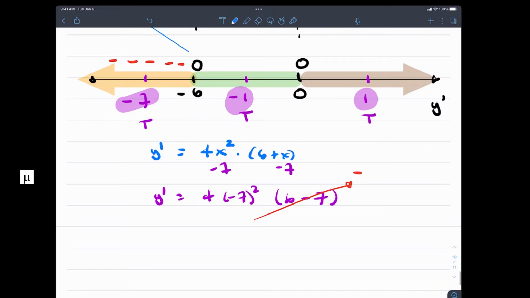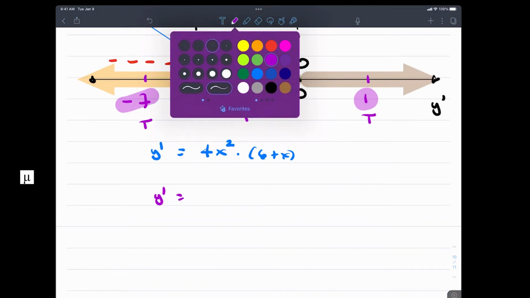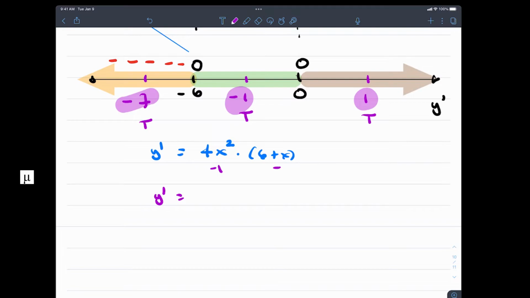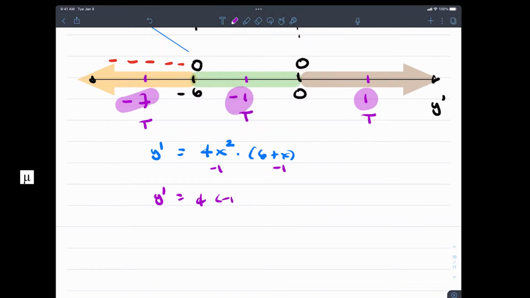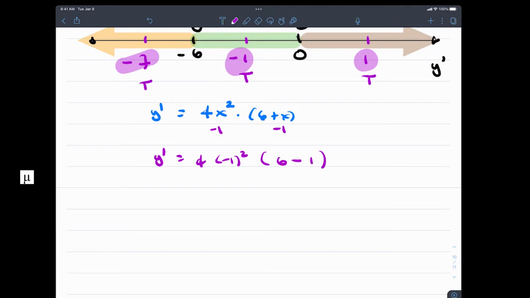Do the same thing now with what number? -1. So we get what? 4 times -1 squared, and then 6 minus 1. Again, do I care that -1 squared is positive? In a sense, I don't know the number.